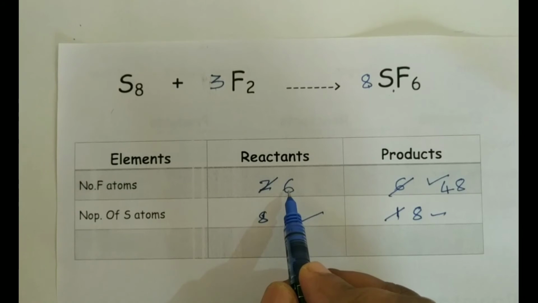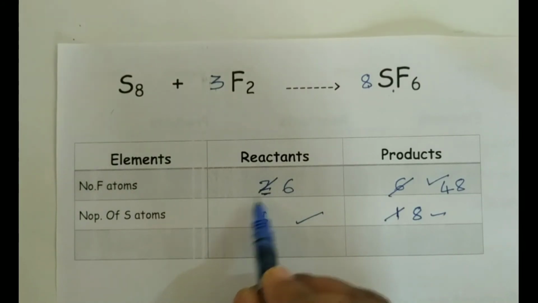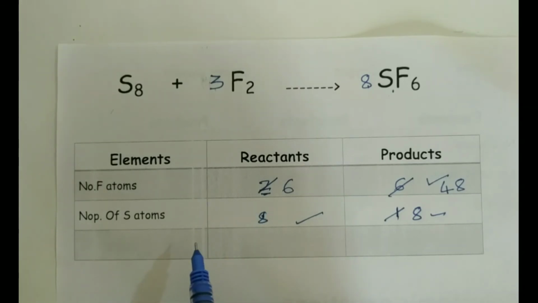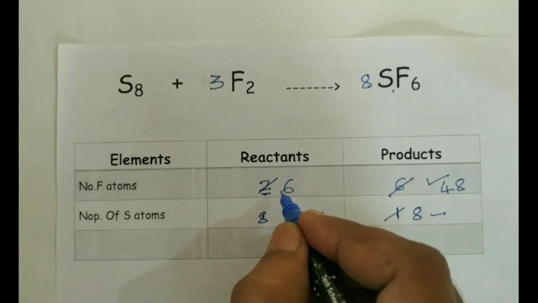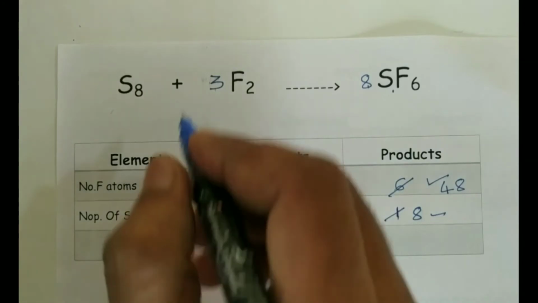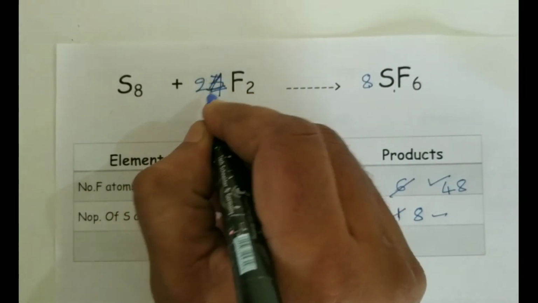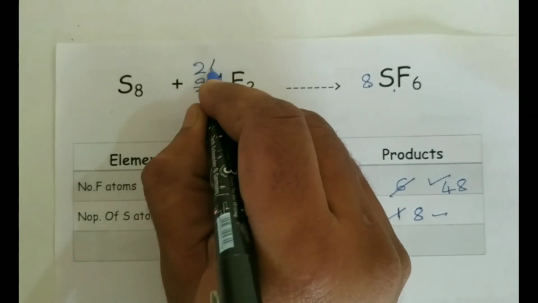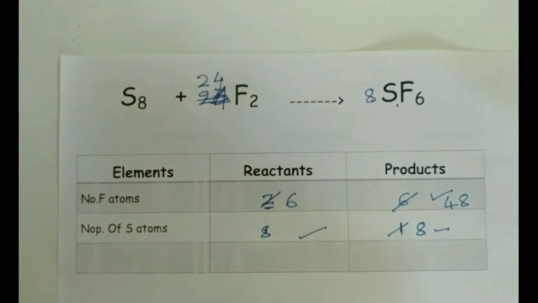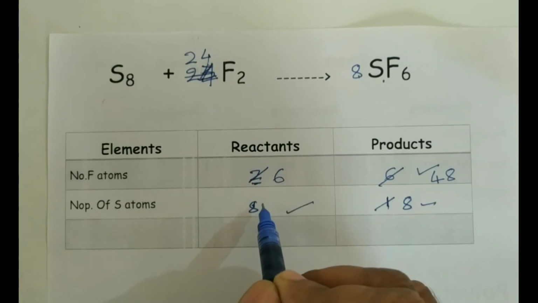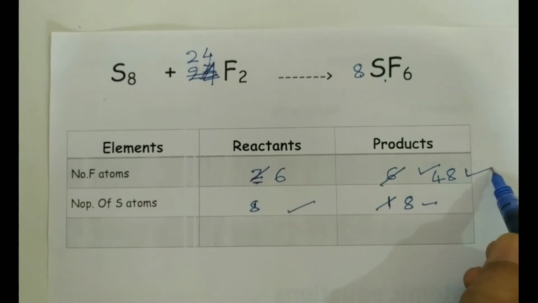And what is the number here? See, here 6 is there. What is the first one? F2 is there. So divide by 2, and what will it become? It will become 24. Now multiply this with 24. Yes, I will write 24 upside. 24 of 2 is 48. So now both sides are balanced.